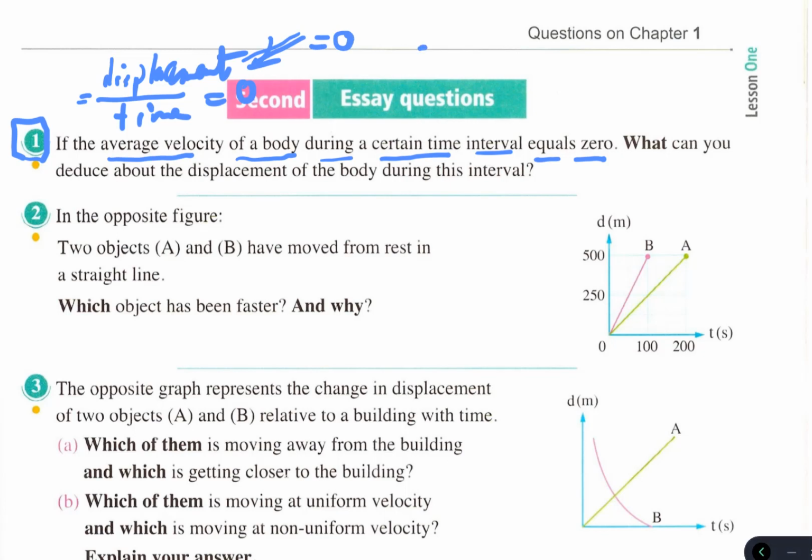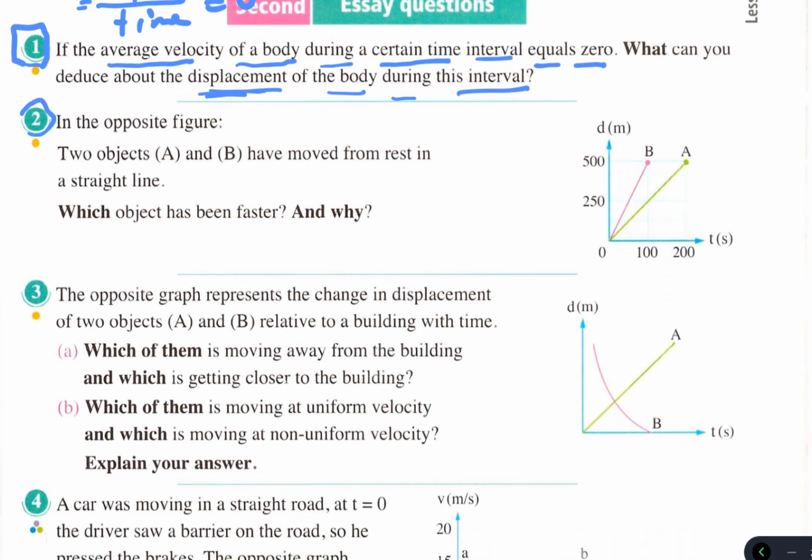Like the object goes from A to B and returns back from B to A, so the displacement equals 0. What can you deduce about the displacement of the body during this interval? The displacement equals 0. That's it.